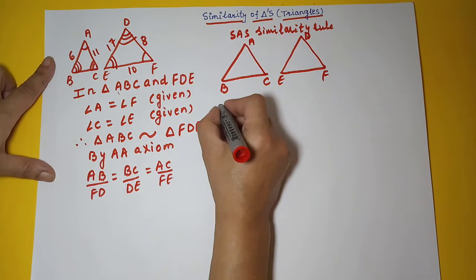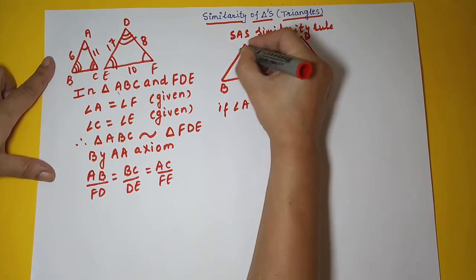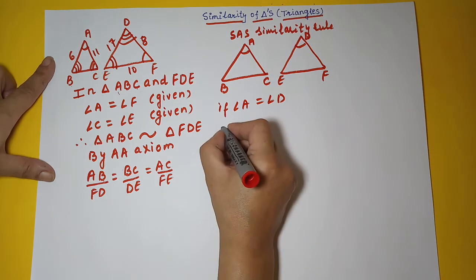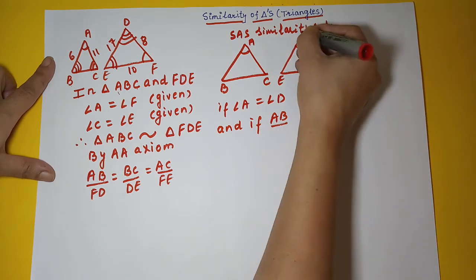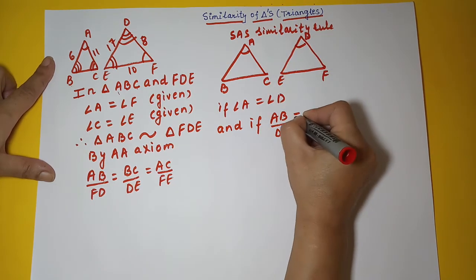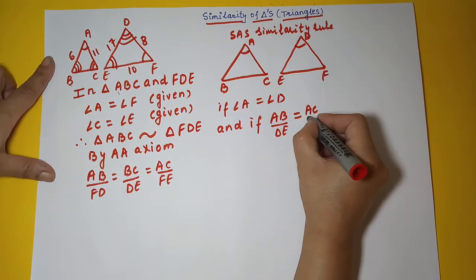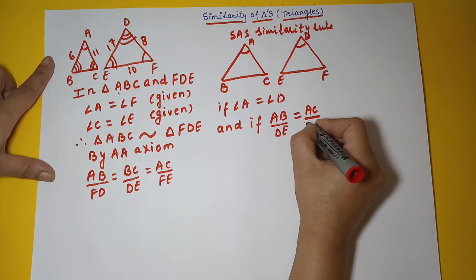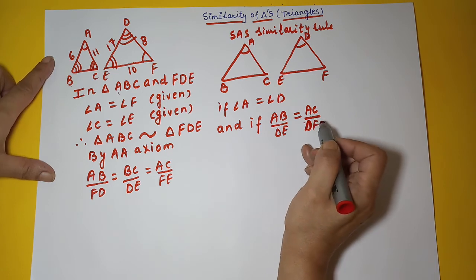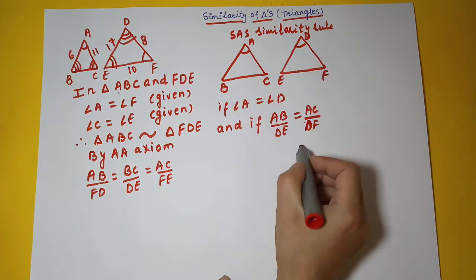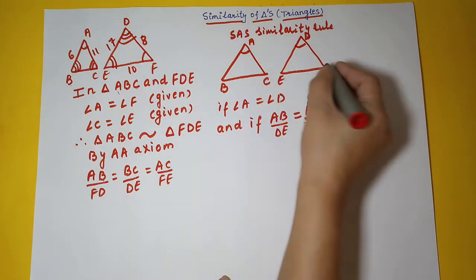Then if angle A is equal to angle D, if this angle is equal to this angle, and if AB upon DE is equal to AC upon DF, the arms in which these two angles are held, this is the situation when you can say that the two triangles are similar by SAS similarity rule. Right? This is another way of proving the two triangles similar.